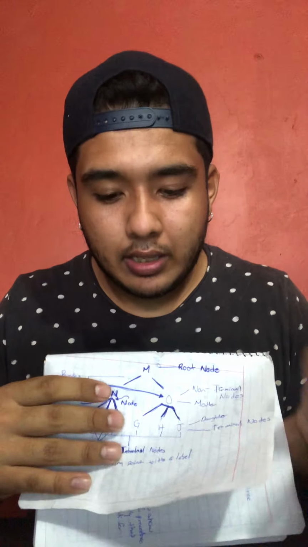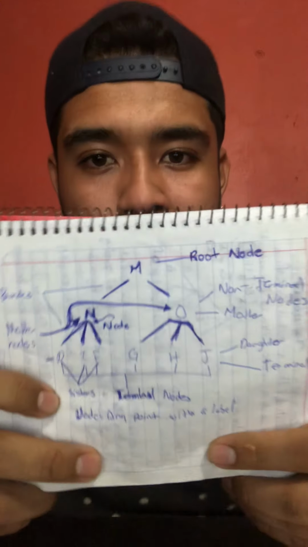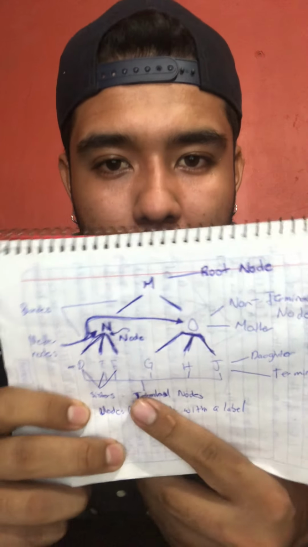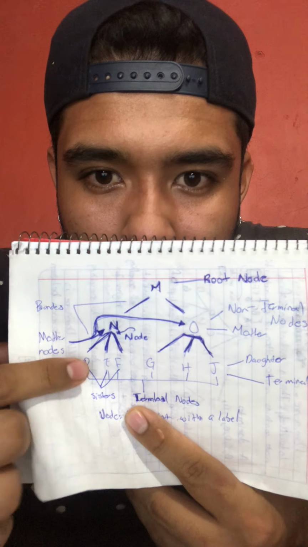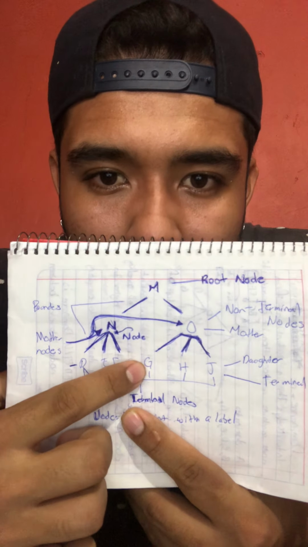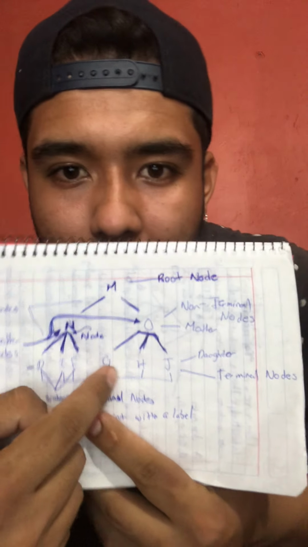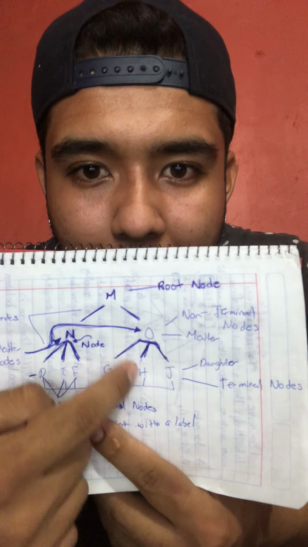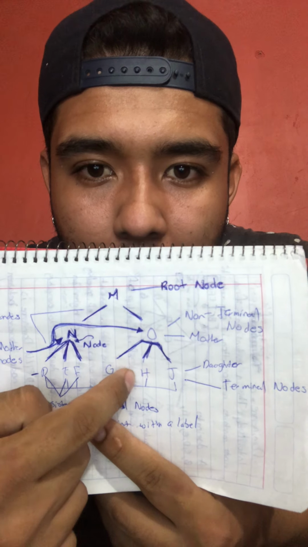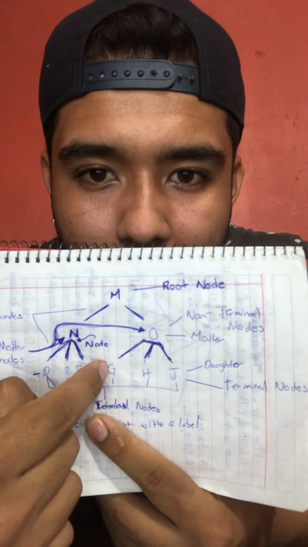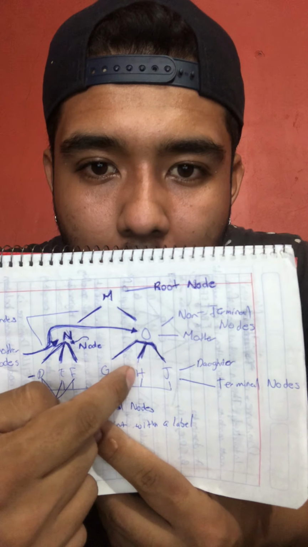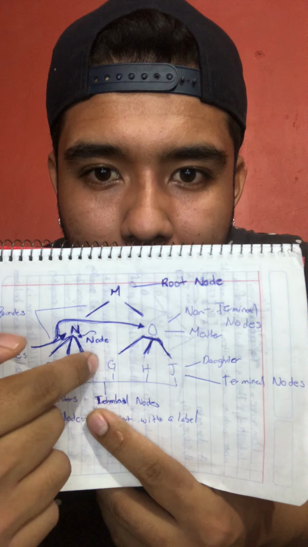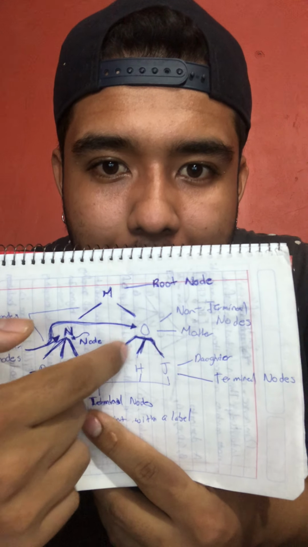For example, in the same diagram, in this case, the letter G precedes the letter H, because G is to the left of the letter H, but also they have the same mother.